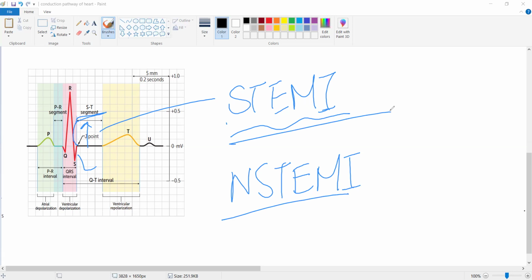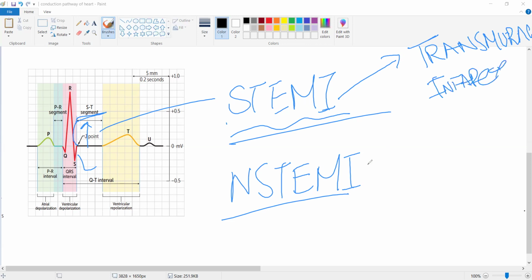Okay, so ST segment elevation indicates which kind of infarct? Transmural infarct. What is the meaning of transmural infarct? The whole thickness of the myocardium is affected. What about non-ST segment elevation myocardial infarction?